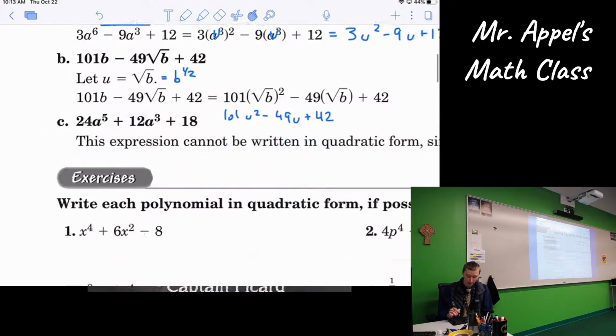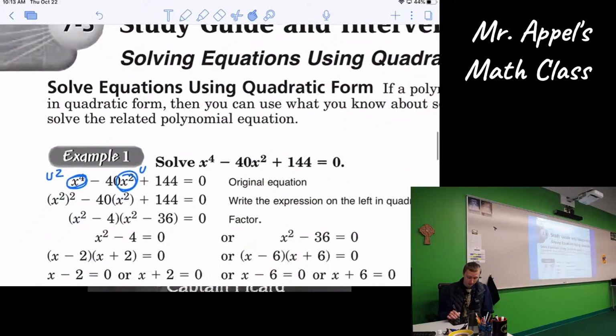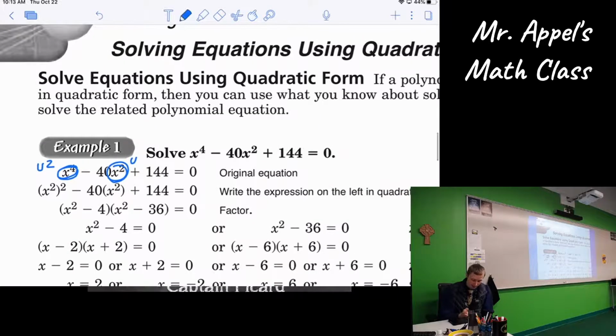Then at the end, so if I go back to this guy, I would have u minus 4, u minus 36. Okay, ZPP, either u minus 4 equals 0 or u minus 36 equals 0. And you can use the square root property, right? You can solve and say, oh, okay, so u is equal to 4.